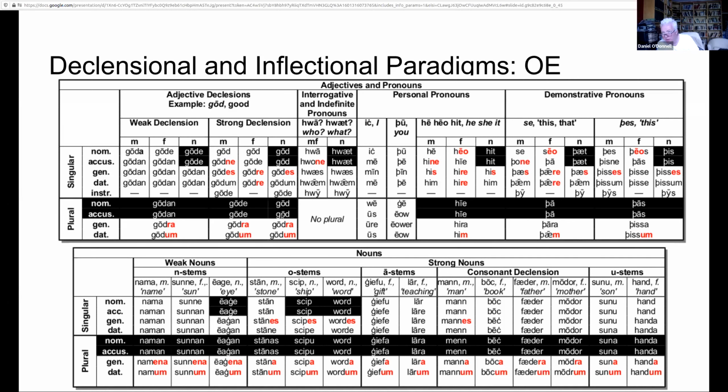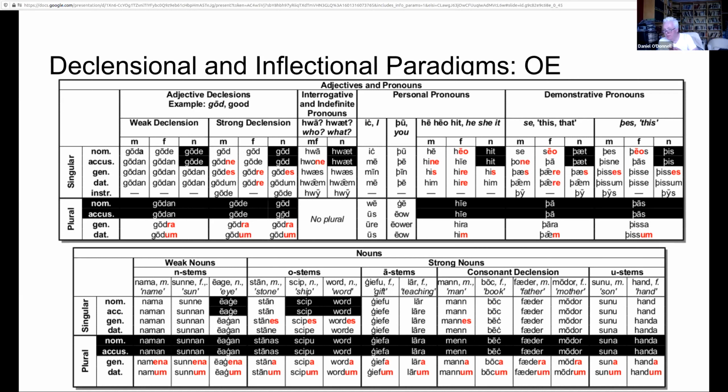We'll talk about this at the end of the year. We have to use the weak declension, so I have to say "þæt gōda ēage." And if I just wanted to say "a good eye," I have to say "gōd ēage," because you have to use a strong one if it's by itself.